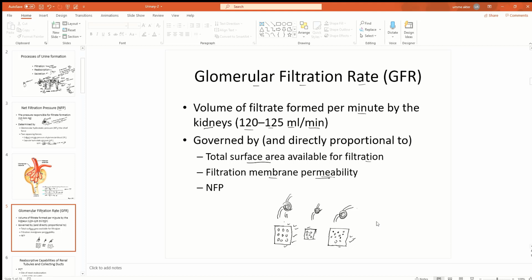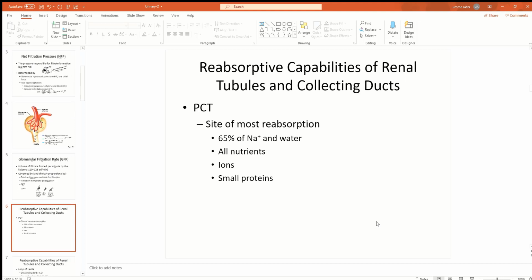Okay, and pressure, I told you that normally the net pressure should be 10 millimeter of mercury, but I showed you that if the pressure changes, then filtration can be blocked, right? If the other two pressures that are opposing the filtration increase, then the filtration will be less. Okay, so those are the three factors.